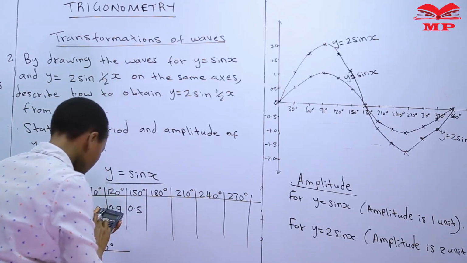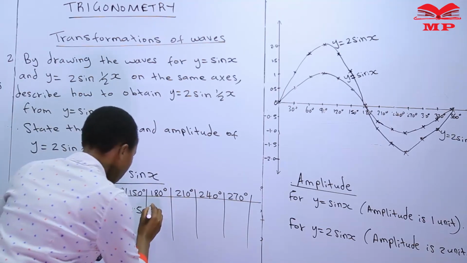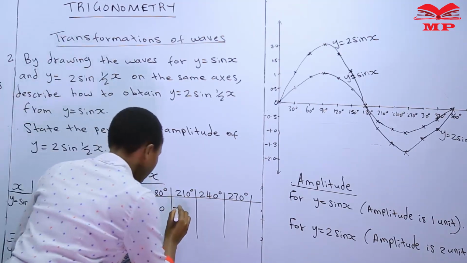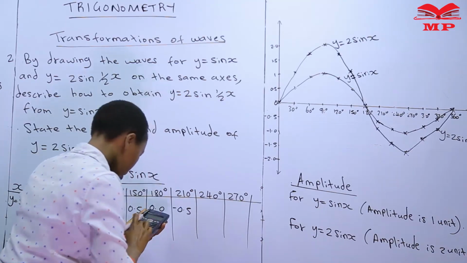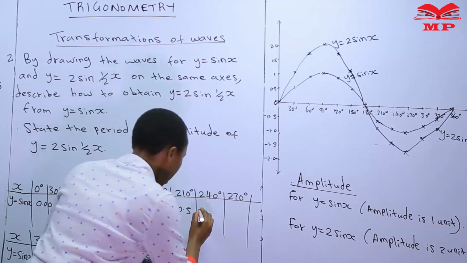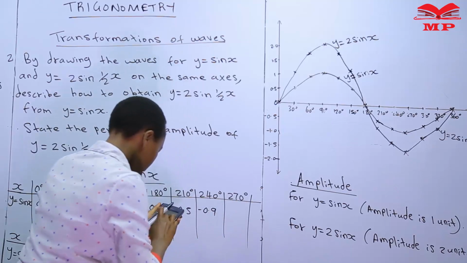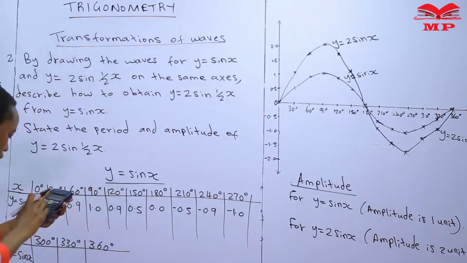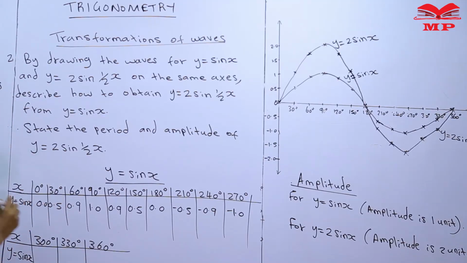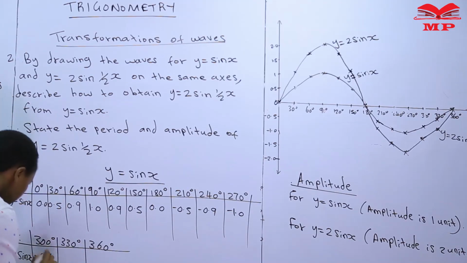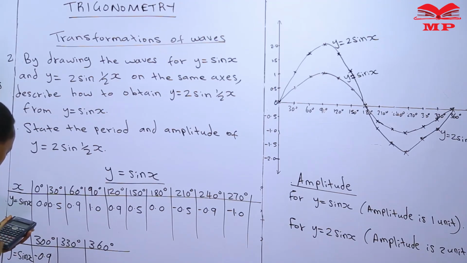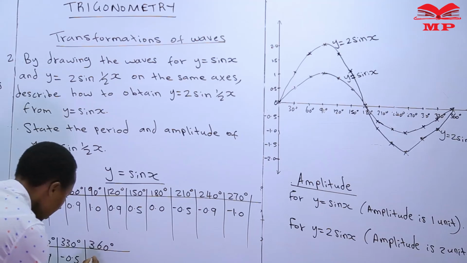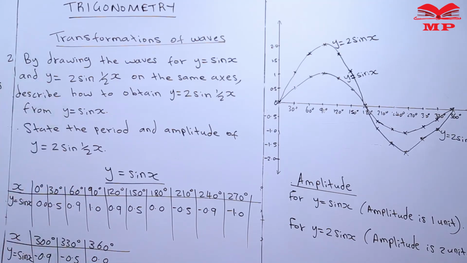We have sine 180, which is 0. Then we have sine 210, negative 0.5. Sine 240, negative 0.9. Sine 270, we have it as negative 1. Sine 300, we have it as negative 0.9. Sine 330, we have negative 0.5, and sine 360 is 0.